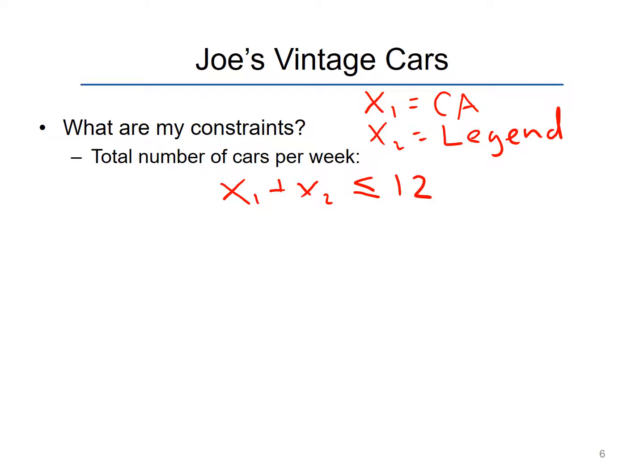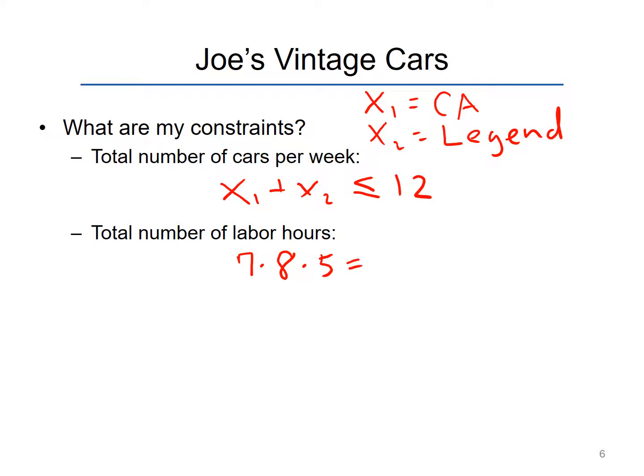So whatever combination Joe decides to work on, all 12 cars being California, or all 12 cars being Legend, or some combination of the two. The second constraint is the total number of labor hours. There are only so many labor hours available for this shop. We know there are 7 employees. Each employee works 8 hours per day, and there are 5 working days in a given week.